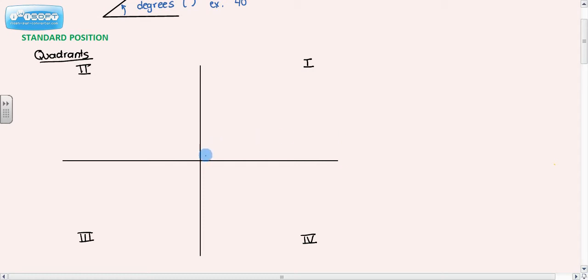Now, because we're talking about angles, we're talking about the rotation around these axes. So we need a starting position. And the starting position, just like quadrant 1, will start here, on the right. And that's where we start with 0 degrees. If we start from 0 and we move around the quadrants, we always measure counterclockwise.